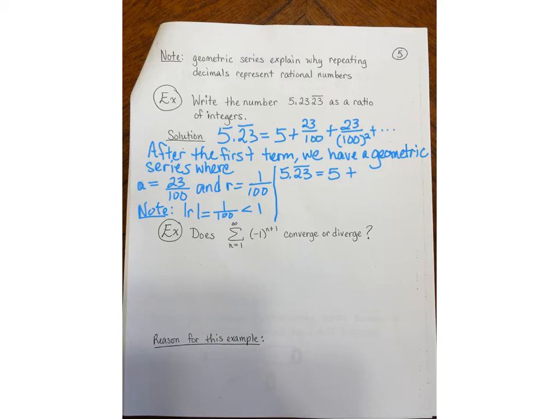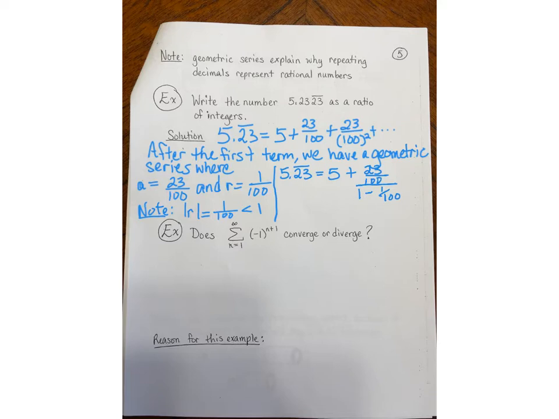So we know that it's 5 plus 23 over 100 divided by 1 minus 1 over 100. And that's what we get because it's A divided by 1 minus R.